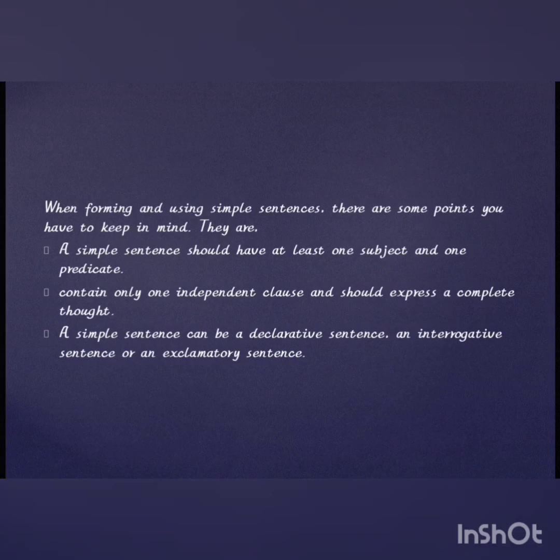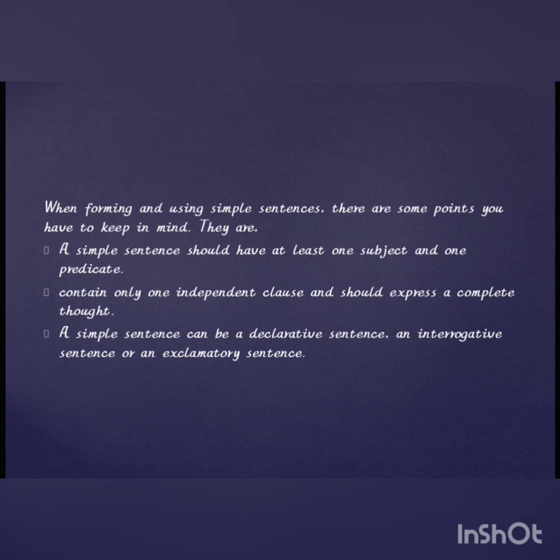Now we'll get over to the few things that we have to focus on in a simple sentence. In order to frame a simple sentence, we'll see a few supporting points that we have to keep in mind. The very first point: a simple sentence should have at least one subject and one predicate.